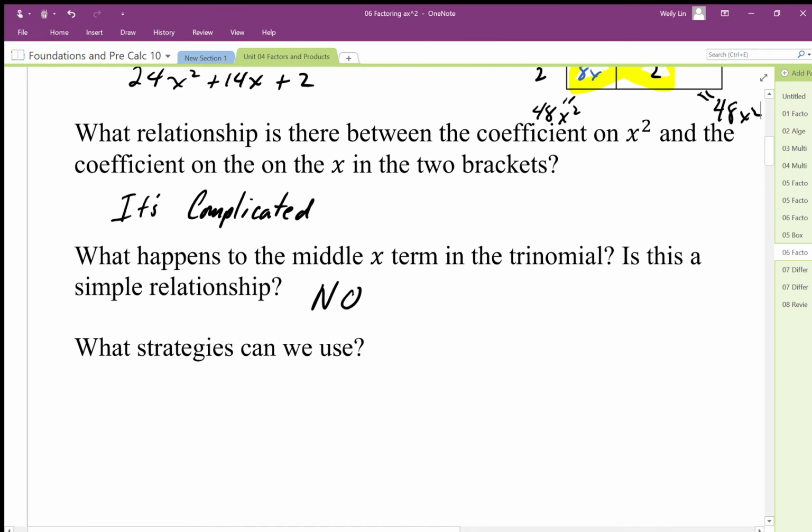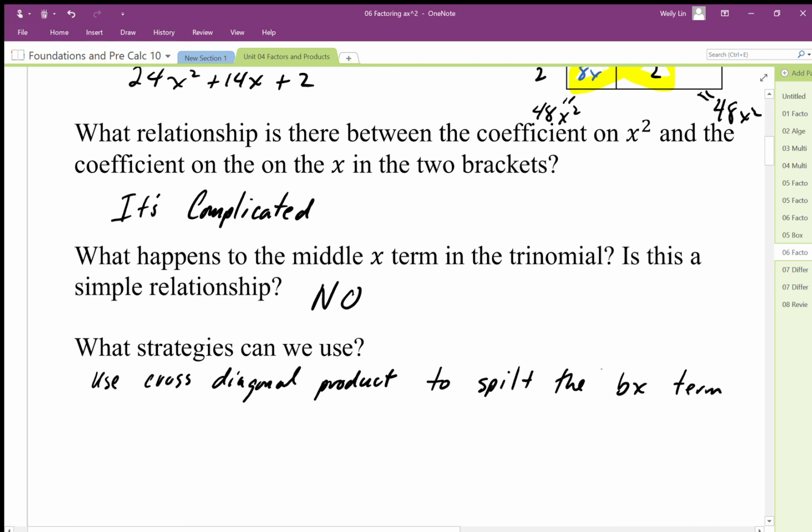So one strategy we're going to use is the cross diagonal product to split the bx term.